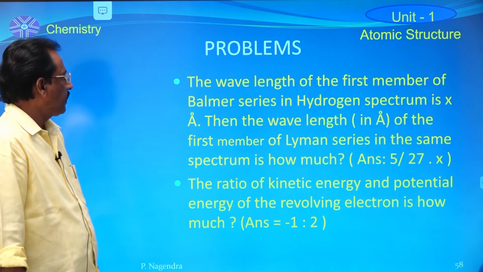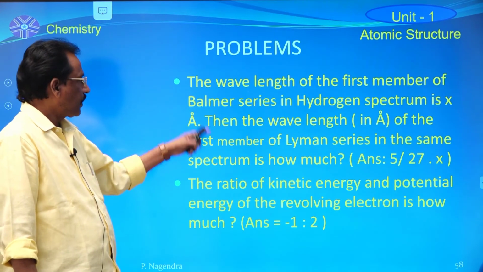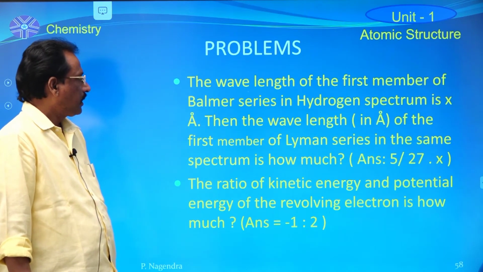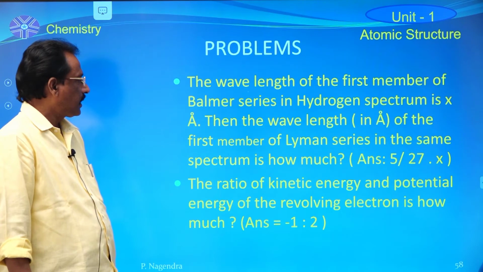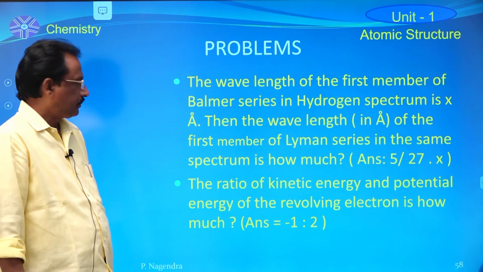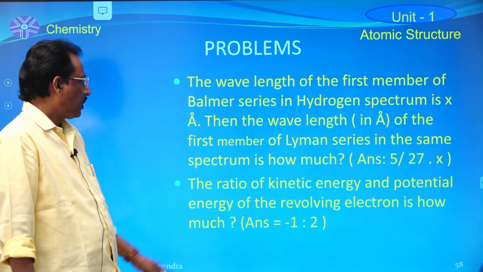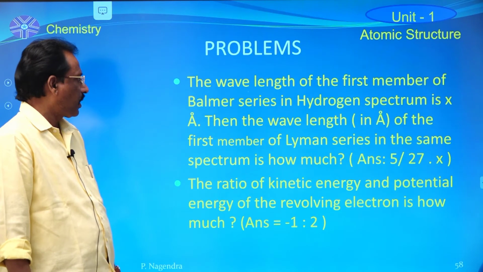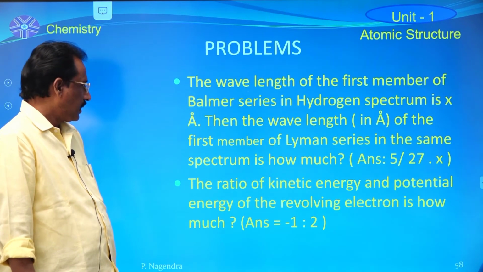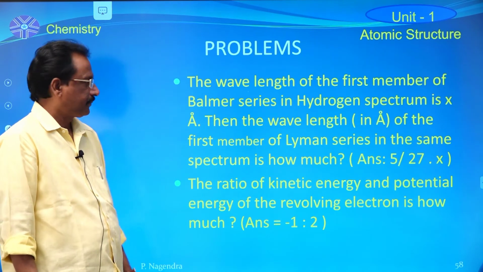And the next problem is, the wavelength of the first member of Balmer series in the hydrogen spectrum is capital X angstrom. Then the wavelength of the first member of Lyman series in the same spectrum is how much?